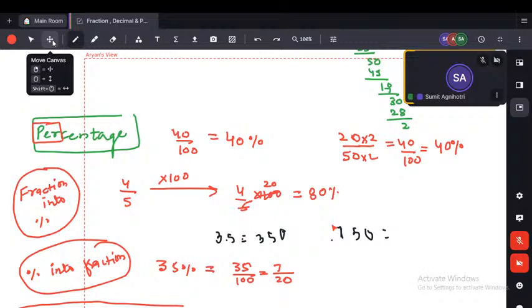It is also equivalent to 33 and 1 by 3, and we are dividing by 2. You have 33 and 1 over 3, and you are dividing by 2, and 33 and 1 by 3 is equivalent to 33 plus 1 by 3, and you are dividing 2 here as well as 2 here.